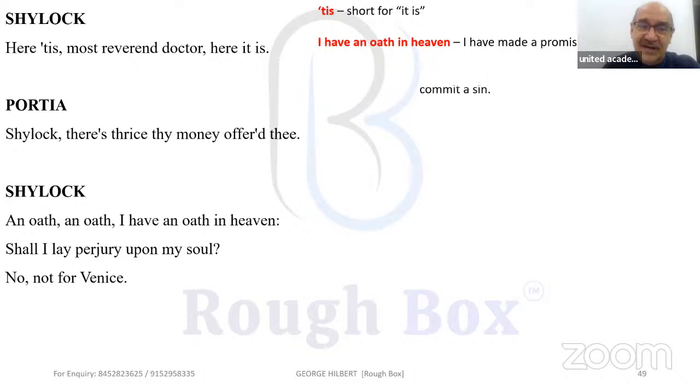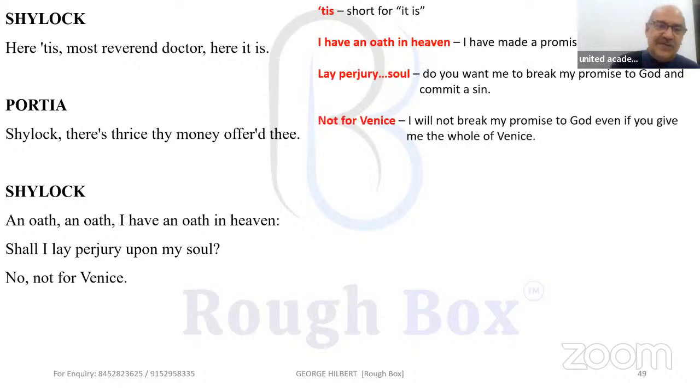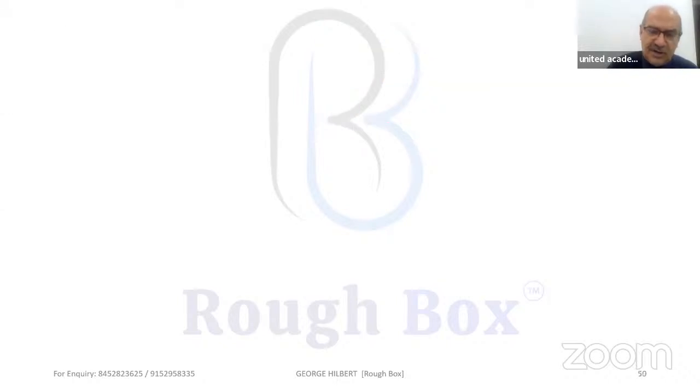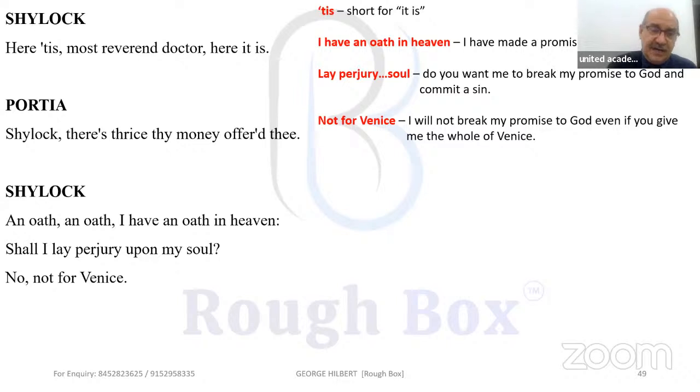And she says, Shylock, there's thrice the money offered to thee. 3 times the money is offered to you. Take it, because money is your God. You're a money lender. You'll need it. Take it. And Shylock says, an oath, an oath. I have an oath in heaven. I have made a promise to God in heaven.